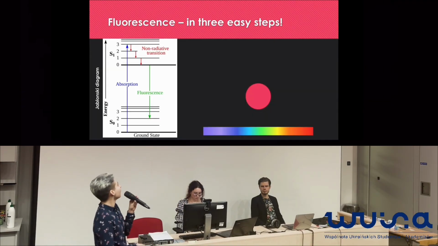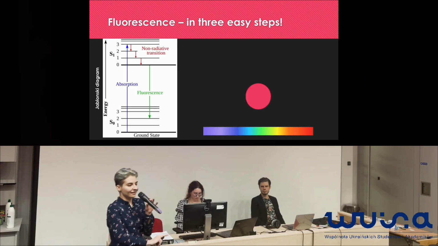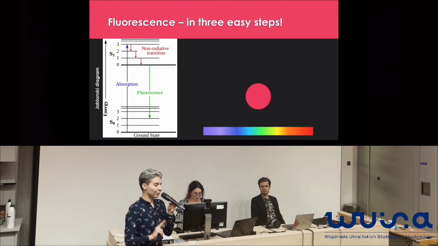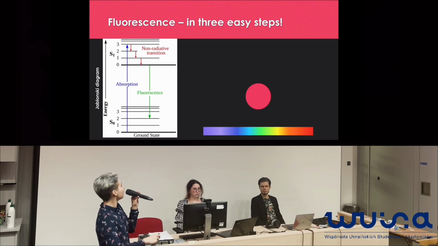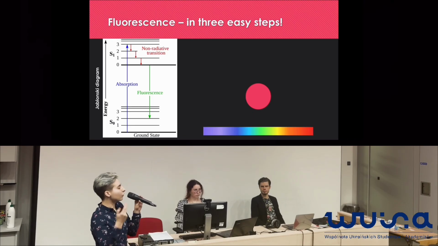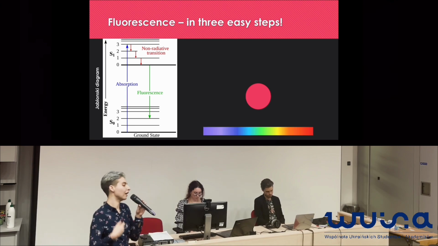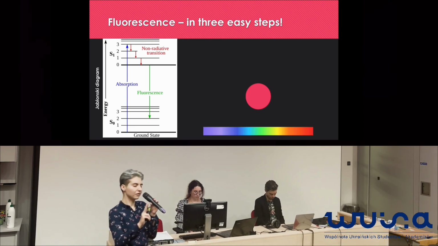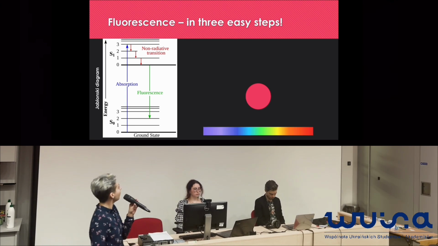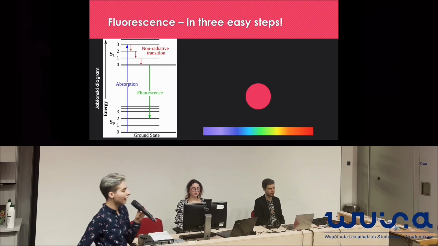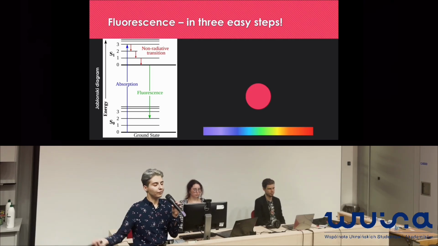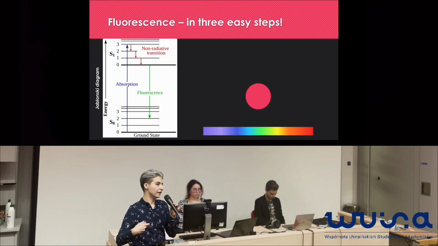Here we can see the Jabłoński diagram. Don't worry, you won't have to remember it. It's just a way for scientists to explain how this process works, but it's just 3 steps. We have this molecule here, and it has the ability to absorb some energy.